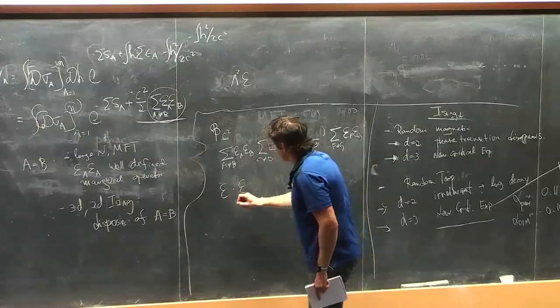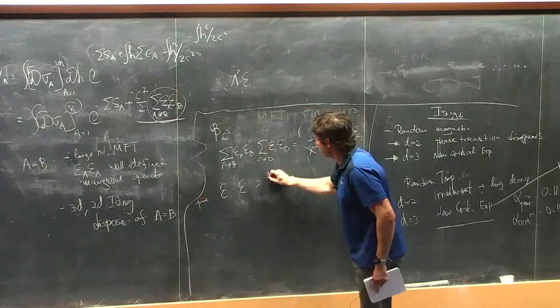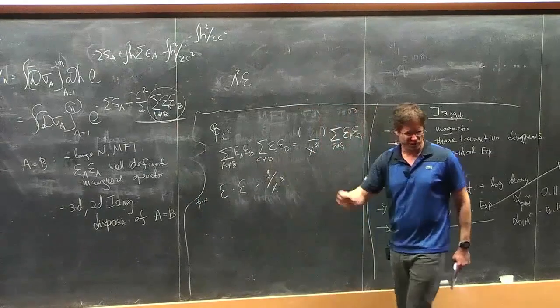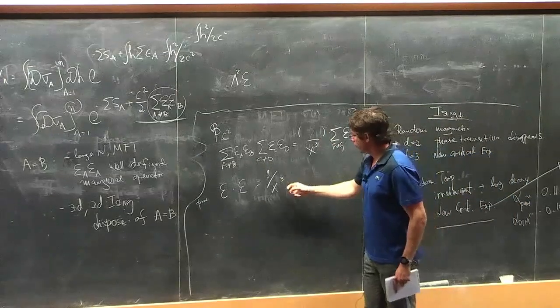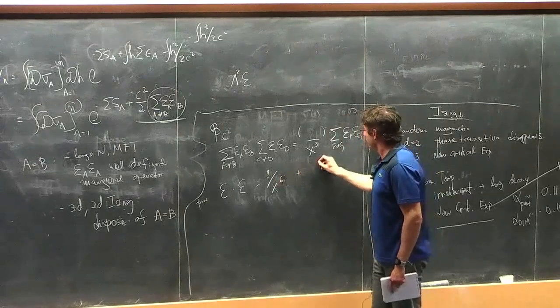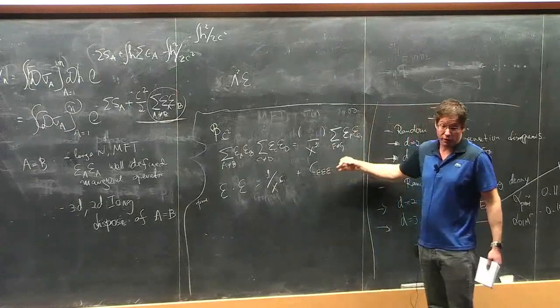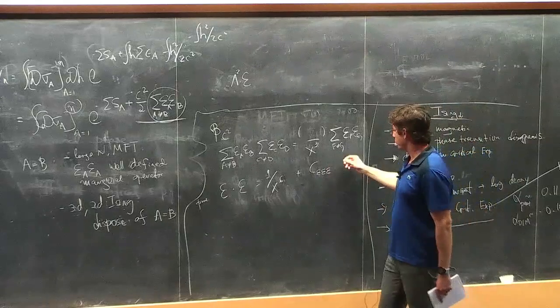The assumption is that in the pure Ising model, this is the algebra of the pure Ising model, we have the unit operator over 1 over x cubed, because I'm assuming that epsilon has dimension arbitrarily close to d over 2. So there is the unit operator with x cubed in the denominator, x to the 6 in the denominator, and then there is some coefficient c epsilon epsilon epsilon, which is a property of the pure Ising model that we might hope that we know from experiment or Monte Carlo.